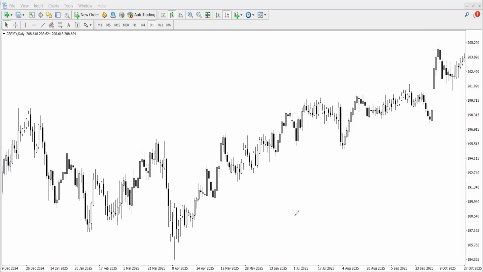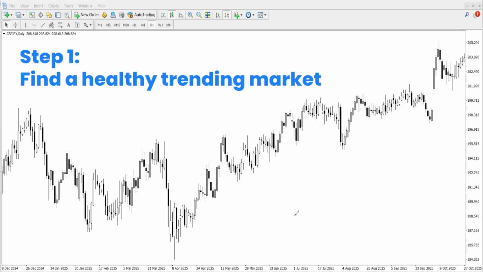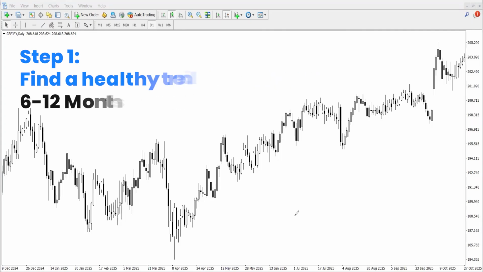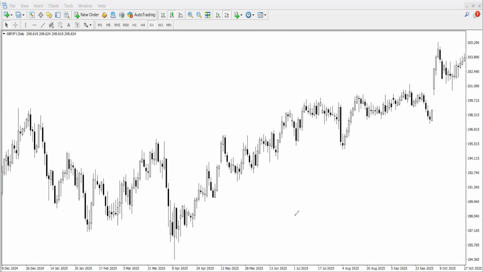The very first thing that you need to do is find a healthy trending market that's been trending, in my view, for at least 6 to 12 months. You can't find that trading those fast moving lower time frames. You need to move up to the weekly and the daily time frame, get a macro view of the market, and see which way it has been trending for the last 6 months or so.